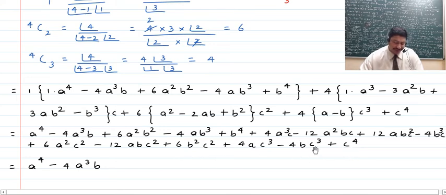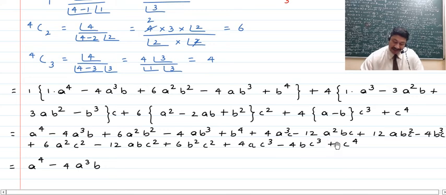Now we put up a quick search whether there is any term which is a like term or not. Otherwise we will put this to be the final answer. So a b cube, now a b cube is also not to be found, so as such it will also remain to be lone. And then we have b raised to the power 4, b raised to the power 4 also cannot be searched for. Then further we have a cube c, a cube c also cannot be searched for, right?